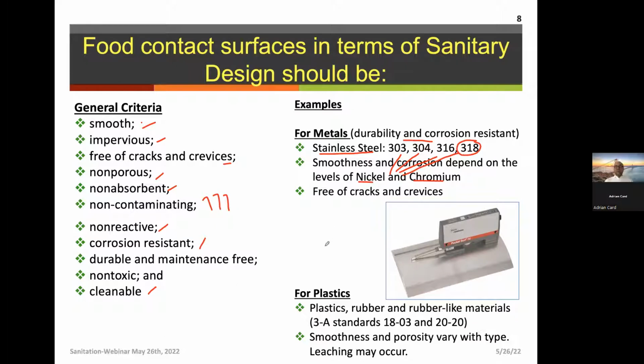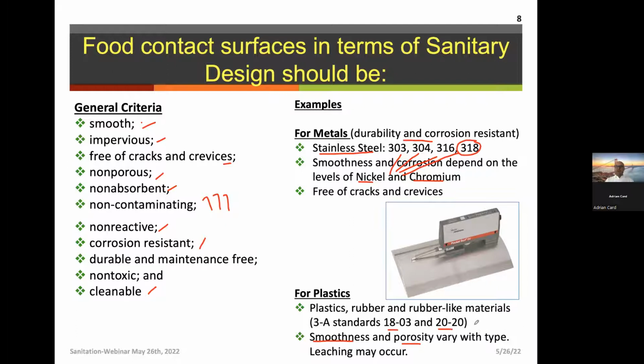If we're talking about plastics, here I gave you an example of the typical ones that we might have in a conveyor belt, in cutting tables, or in other aspects of the conveyor belt. They are different plastics that can respond differently to the sanitizers, and the level of smoothness and porosity will change based on the type of plastic that we're using, okay?